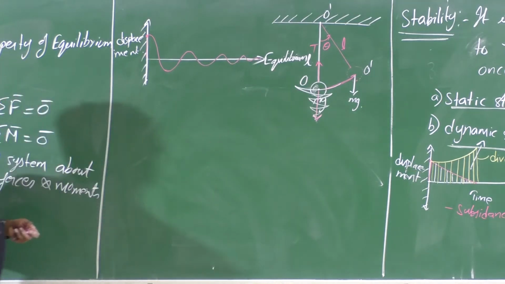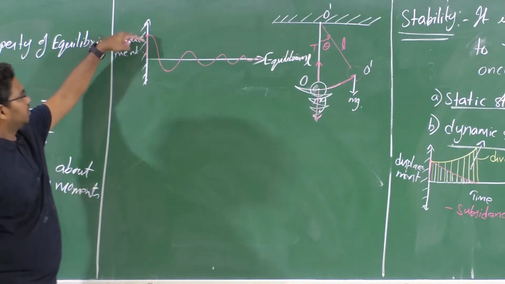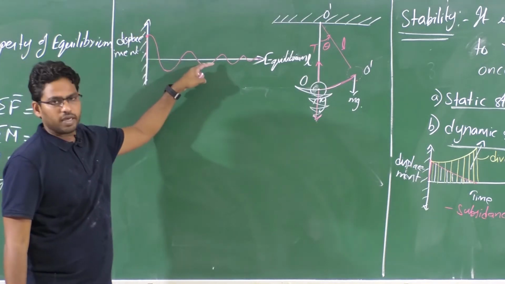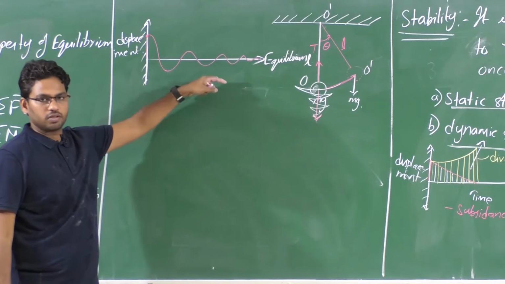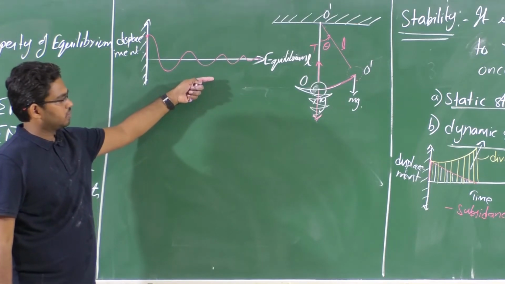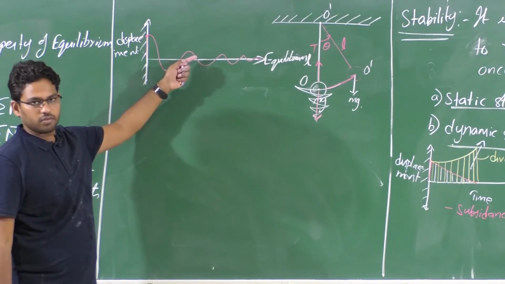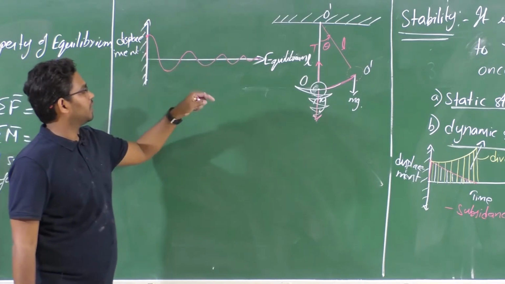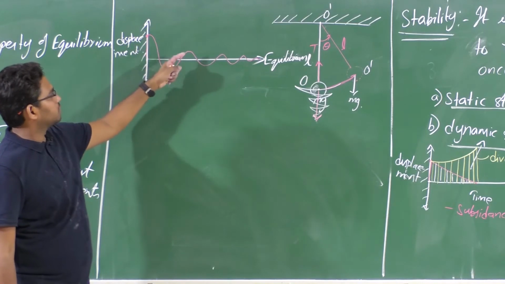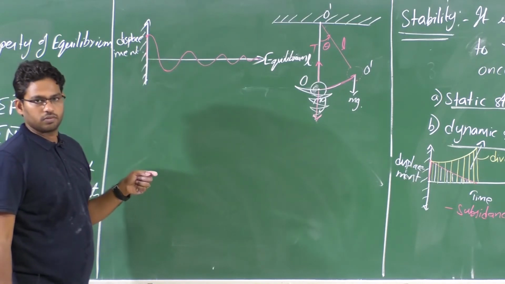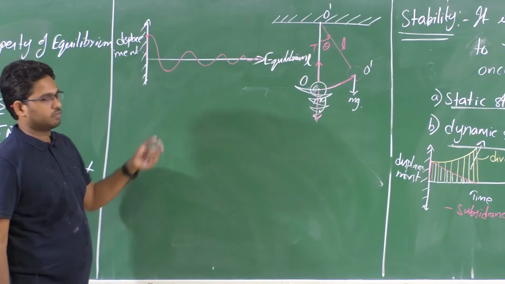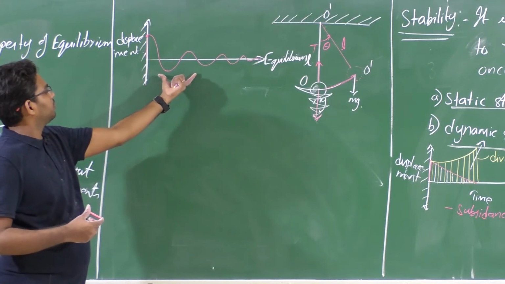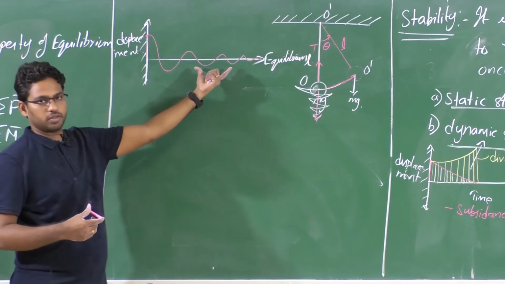Am I correct? So such a motion, which helps the system to come back towards this equilibrium with time, is known as a dynamically stable system. So this kind of motion promotes dynamic stability, right?